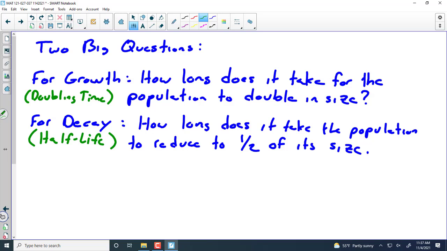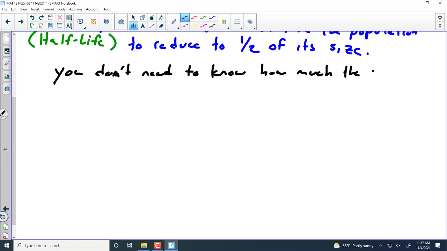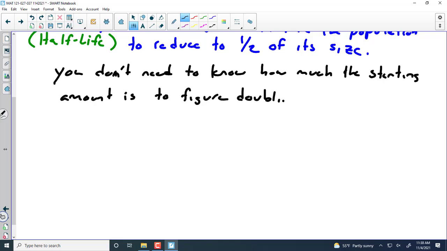What's interesting about this is you don't need to know how much the starting amount is to figure doubling time or half-life.